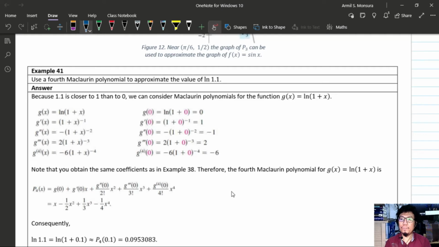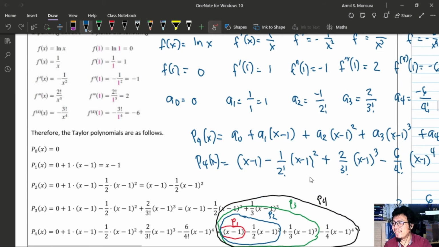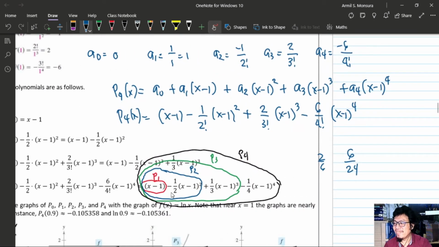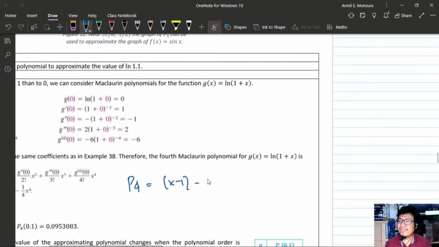Although you were able to obtain a fourth order Maclaurin polynomial from example 38, which I hope you can remember: x minus 1 minus 1 half times x minus 1 squared, plus 1 third times x minus 1 cubed, minus 1 fourth times x minus 1 raised to 4.